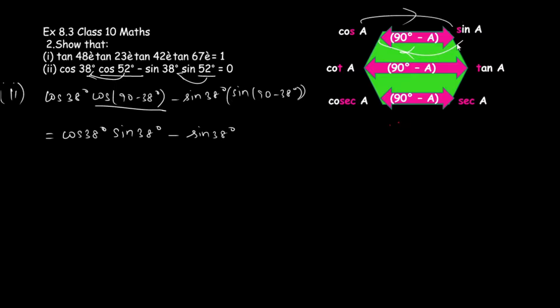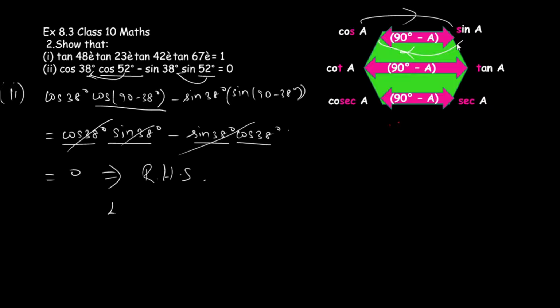Sine and cos are friends, therefore sine of 90 minus a is cos a, cos of 38 degree. Therefore cos 38 sine 38 cos 38 sine 38. These terms get cancelled and the answer becomes 0, which is equal to RHS. Therefore LHS is equal to RHS and hence the solution.